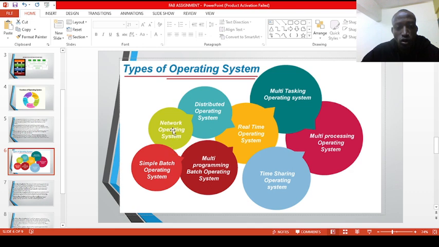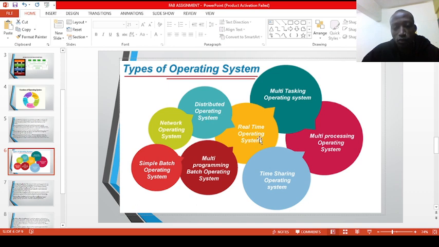We have the network operating systems, where the users are in a position to communicate with the operating system when they are connected in a network. We have the distributed operating systems, where several processors have been placed and arranged in a parallel order, so that there is intercommunication between the different processors.